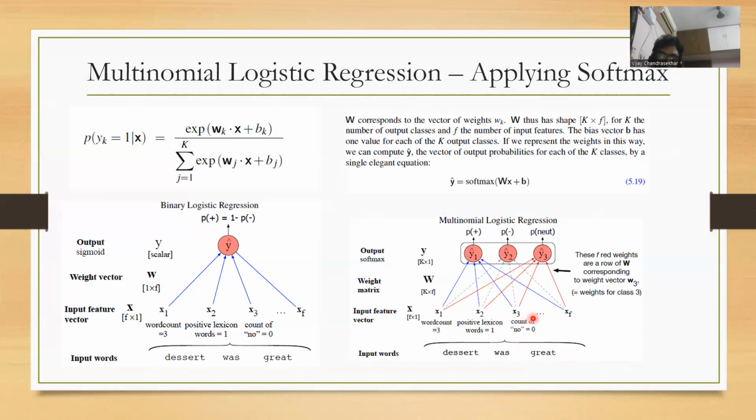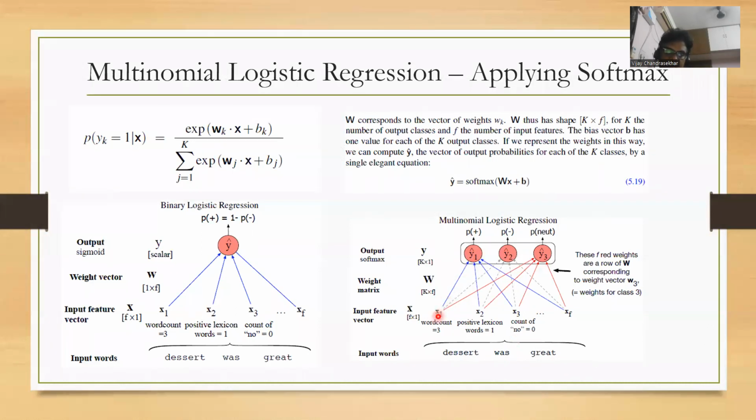But let's say you have these 3 features and then you have 3 outputs, y1 hat, y2 hat, and y3 hat. Okay. Now, what we are saying here is all these features can be an input to this classifier, right?